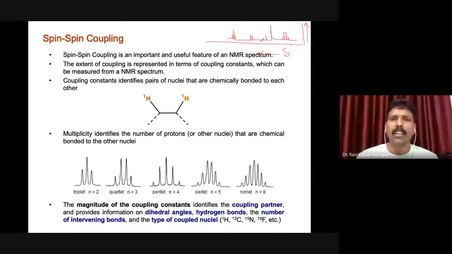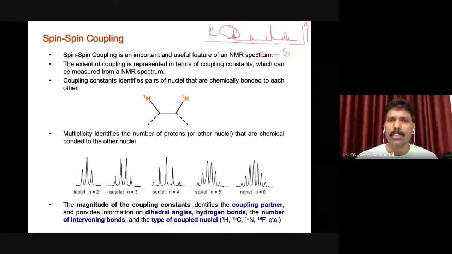The extent of the coupling, to what extent they couple with each other, is decided by the spacing between the two fine structure peaks. For example, in this case there are three closely spaced peaks, so we call it a triplet, represented with a small t.